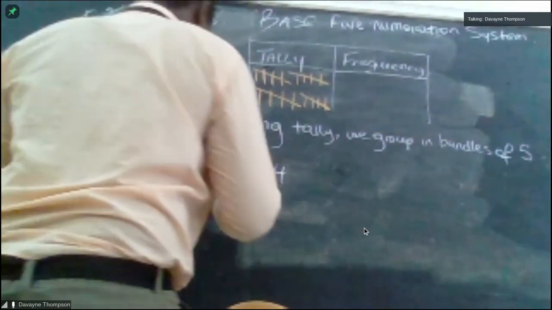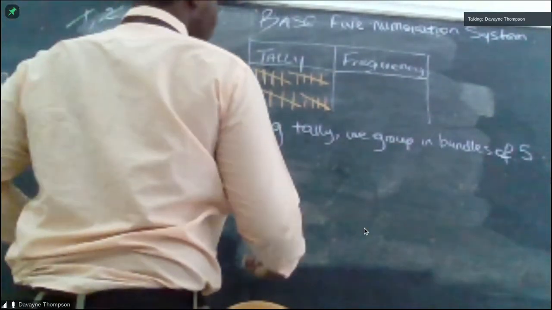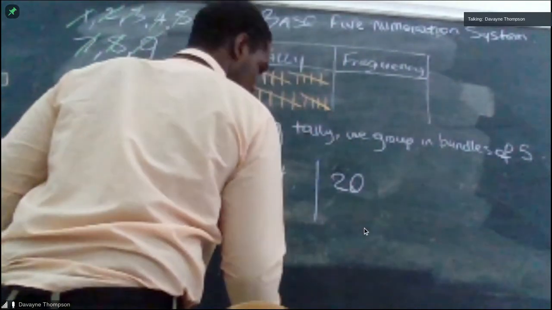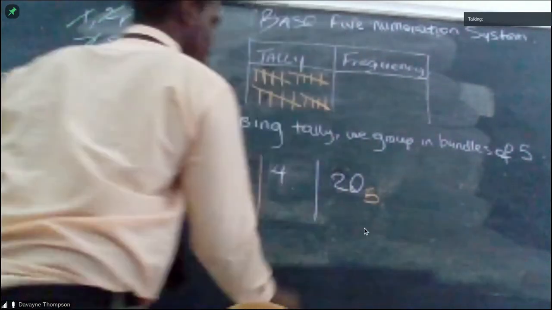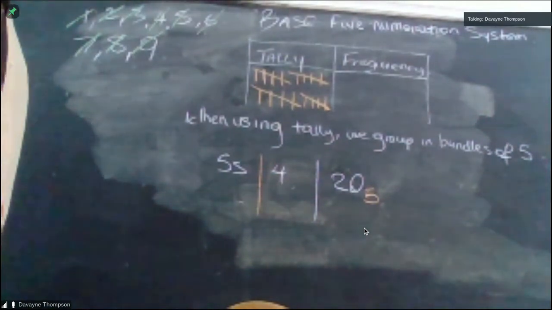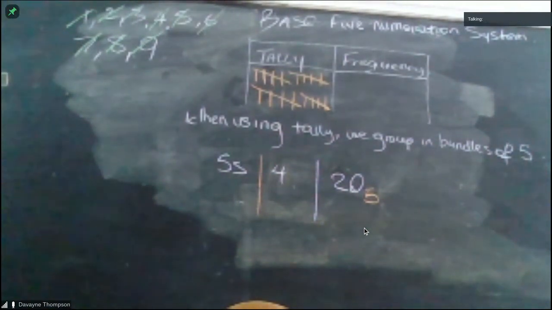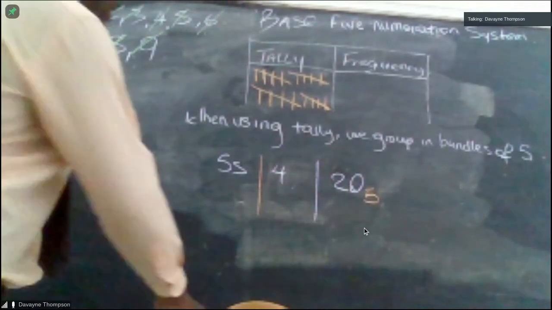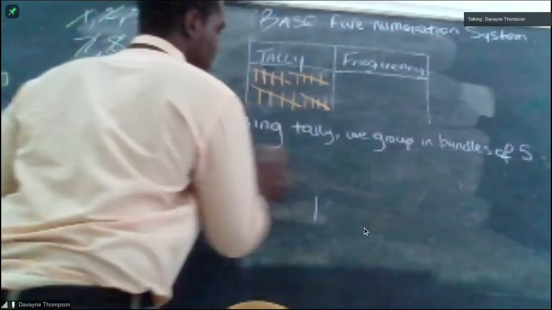So when you count those 4 groups of 5, therefore 20 is going to be your base 5. Does that make sense, everybody? Yes, sir. Alright.